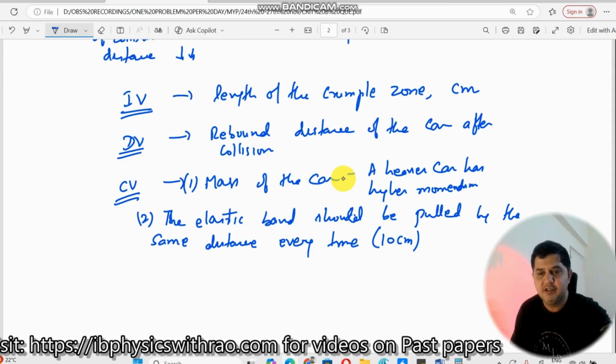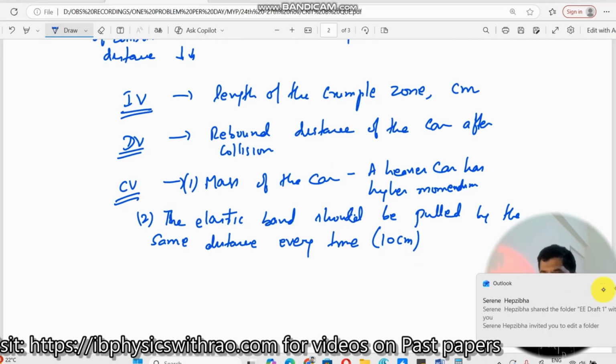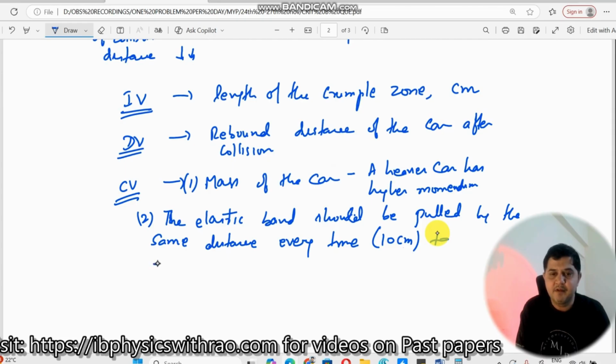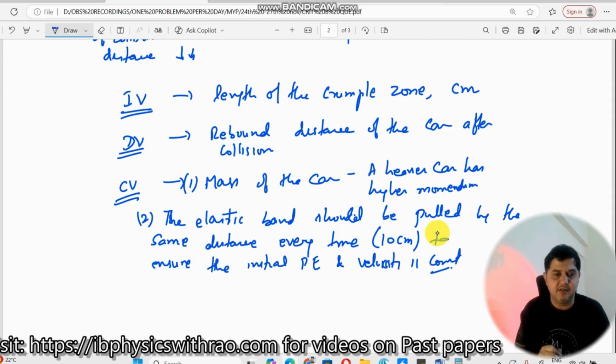So why do we need this? To ensure the initial potential energy and velocity are constant. Then you can also put one more. You can also put friction, because if the friction is different, then automatically you will not get the proper answer.